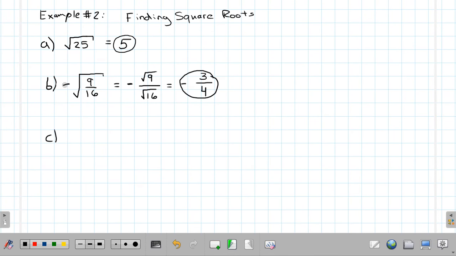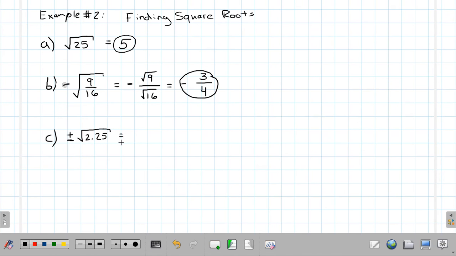But now let's look at part C. In this case, we want both the positive and the negative square roots of 2.25. So you can actually take the square roots of decimals as well.